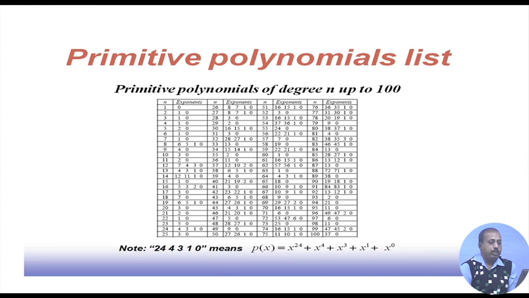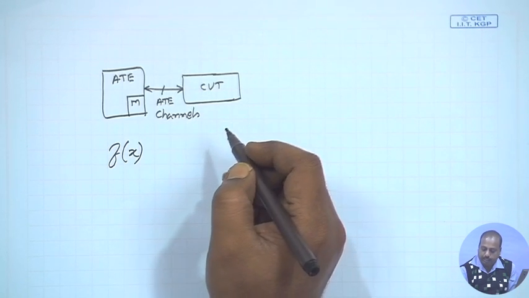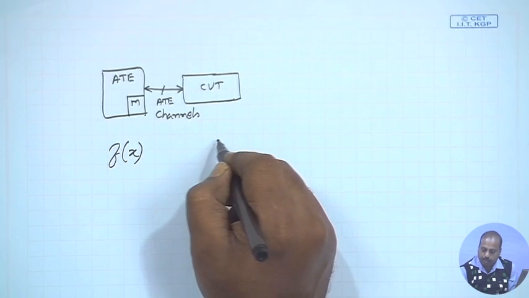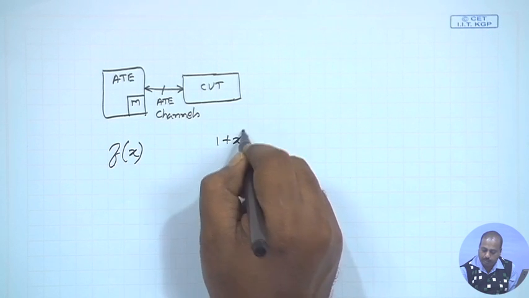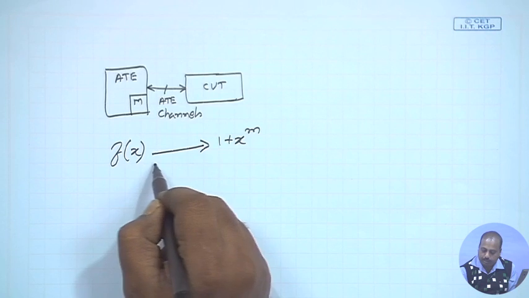Now, there is a concept of primitive polynomial. If I have some characteristic polynomial f(x), we try to figure out a polynomial 1 plus x to the power m such that f(x) divides 1 plus x to the power m.